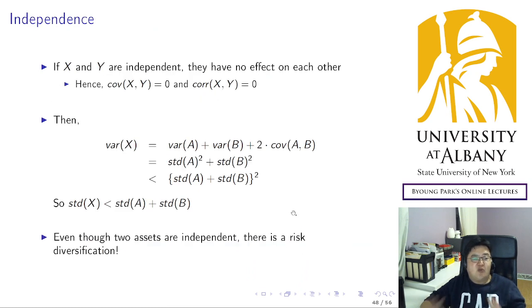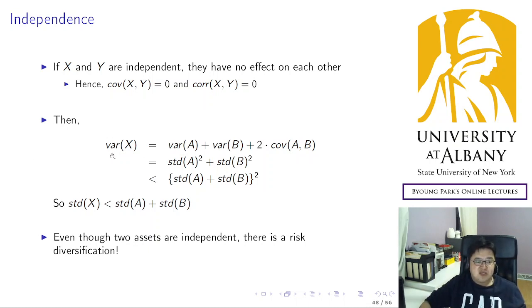Okay, and one more case. What happens if two random variables are statistically independent? Independence is when two assets do not affect each other. In that case, independence implies covariance is zero. Correlation, of course, is zero. And in this case, you may think these two assets, two stocks, are unrelated, but actually, still you can benefit from portfolio diversification.